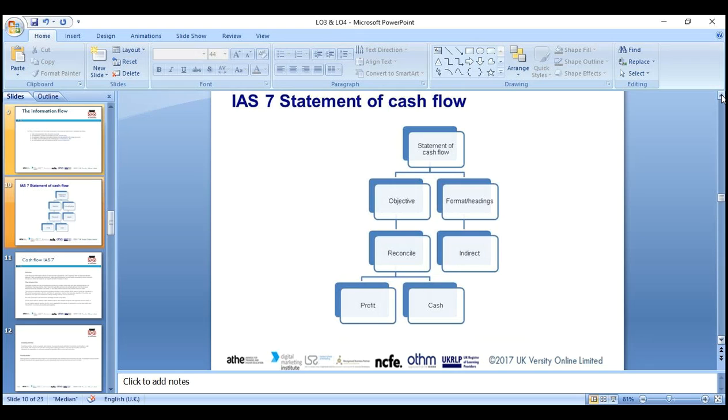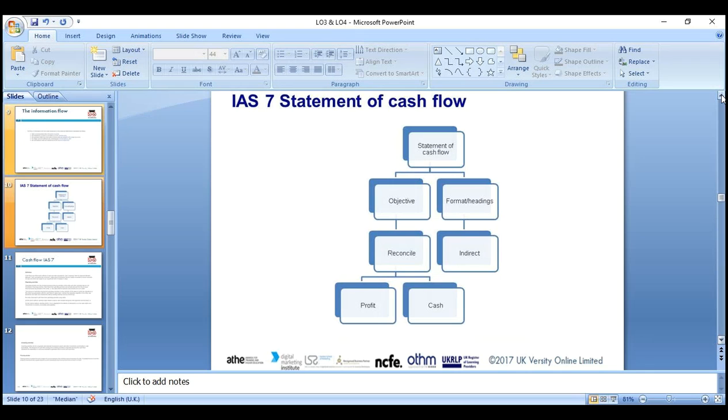So under the cash flow we have three major types of activities where we're looking: operating activities, investing activities, and financing activity. Operating activity means day-to-day business. Investing activity means if we have spare cash, we invest in non-current assets, how much increase and decrease, where the cash is being used.